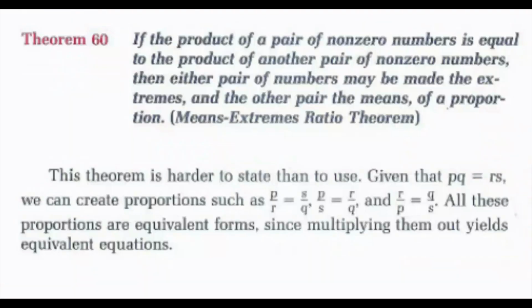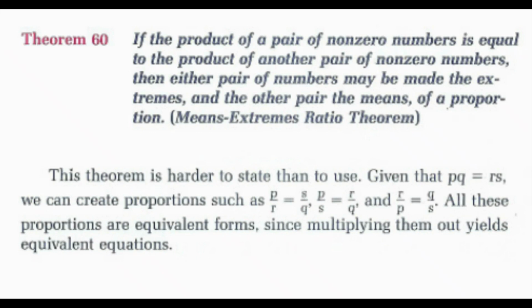Looking at Theorem 60, it states if the product of a pair of non-zero numbers, they need to be non-zero because we can't divide by 0, is equal to the product of another pair of non-zero numbers, then either pair of numbers may be made the extremes and the other pair the means of a proportion. This is the means-extremes ratio theorem.